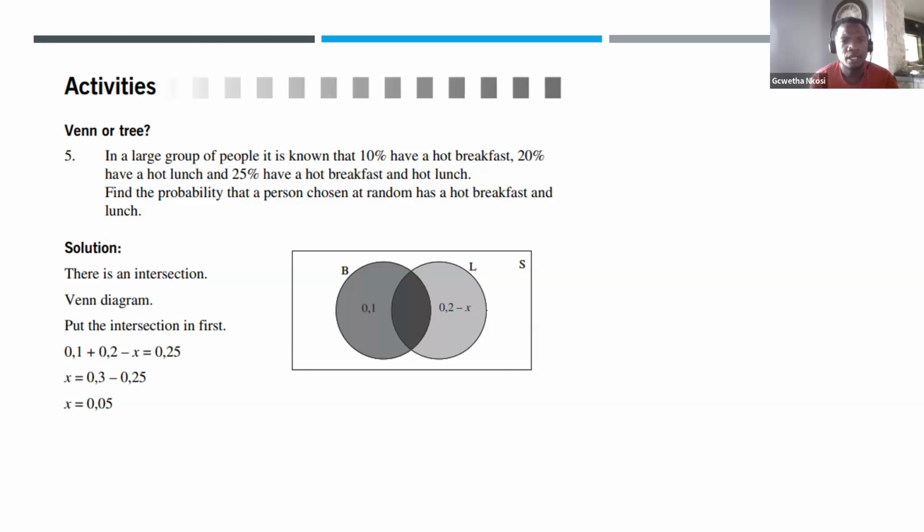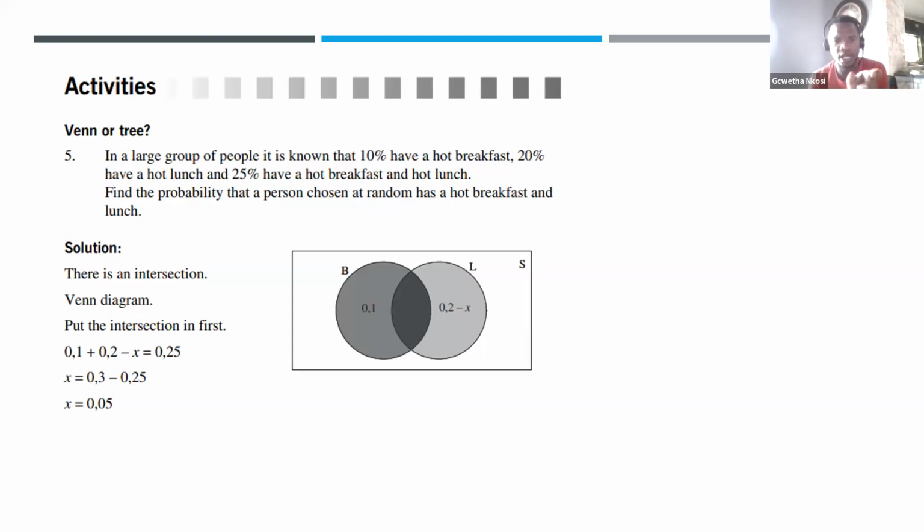Now we've got our sample space there. In a large group, it is known that 10% have a hot breakfast. 20% have hot lunch. 25% have a hot breakfast and a hot lunch.